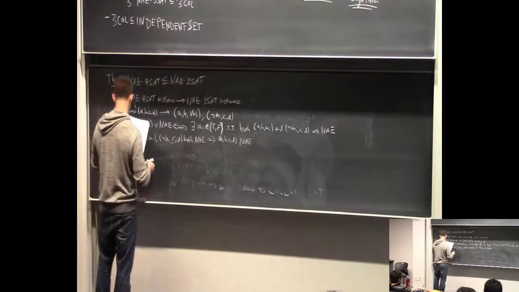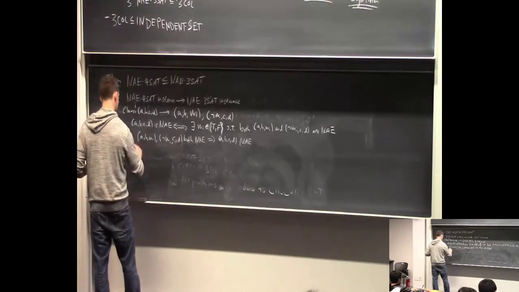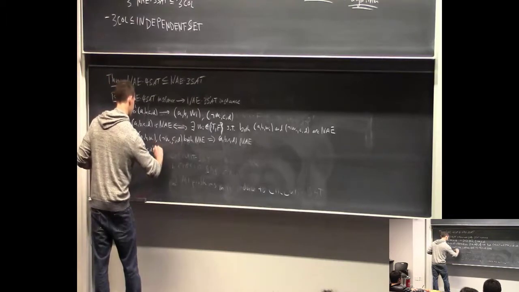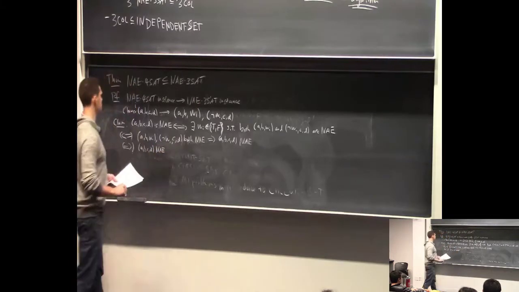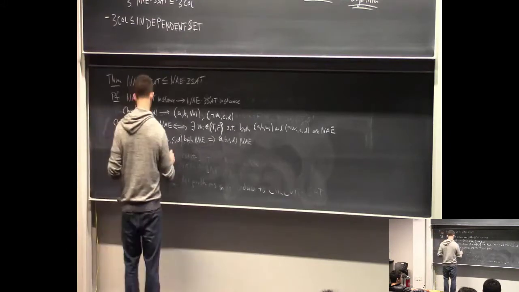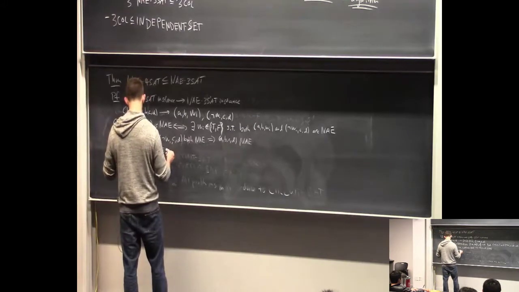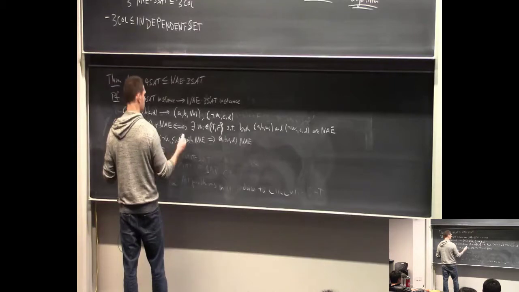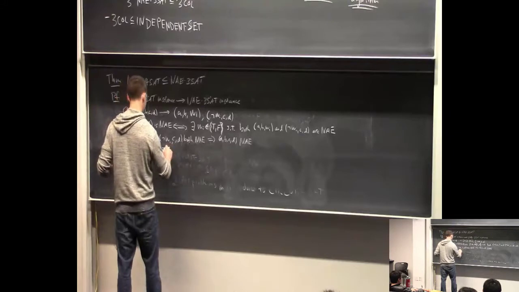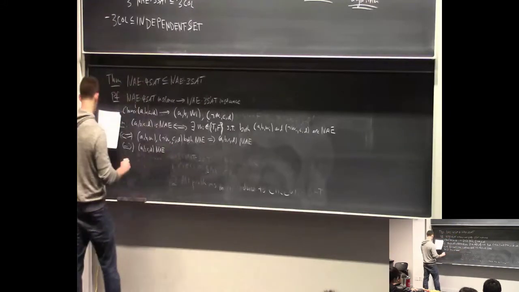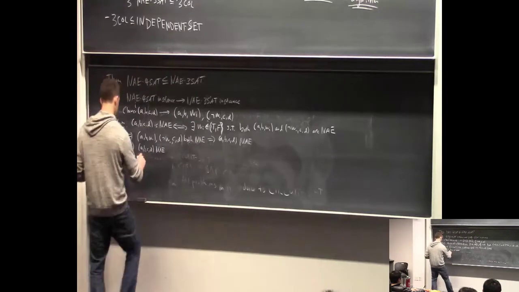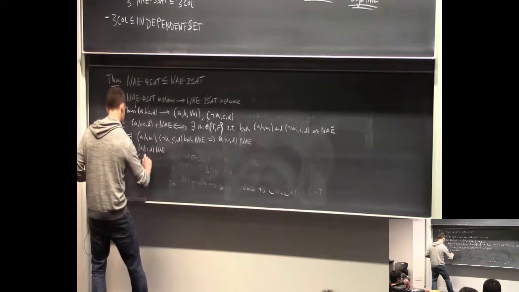The way that's going to go is we want to show that if ABCD is not all equal, then some pair is going to be different in these guys. So what's that going to look like? There's going to be two main cases here, and everything else will look like those.